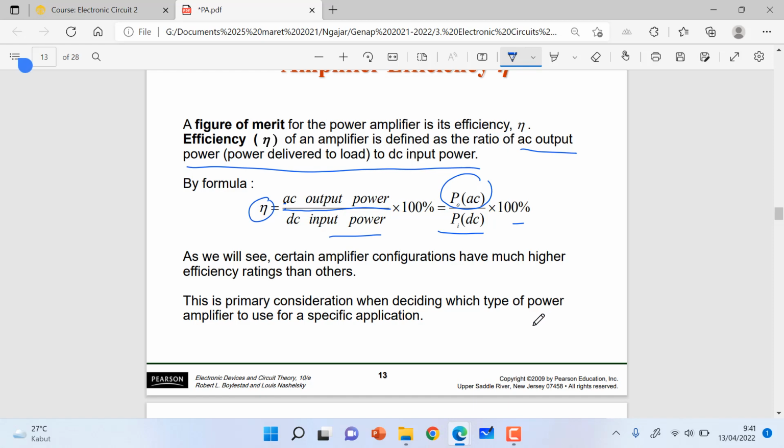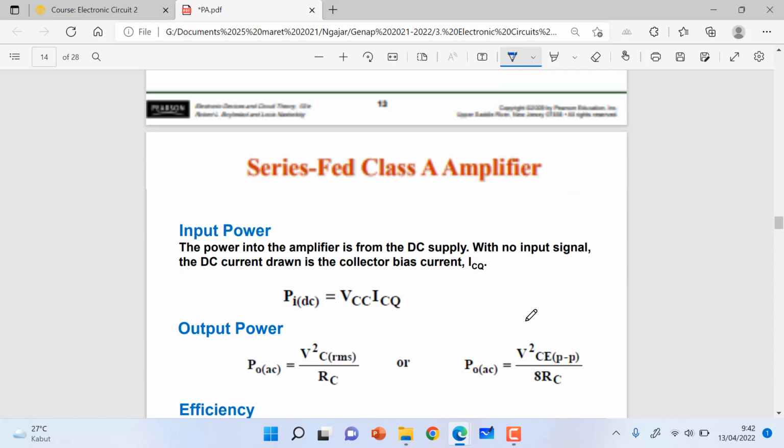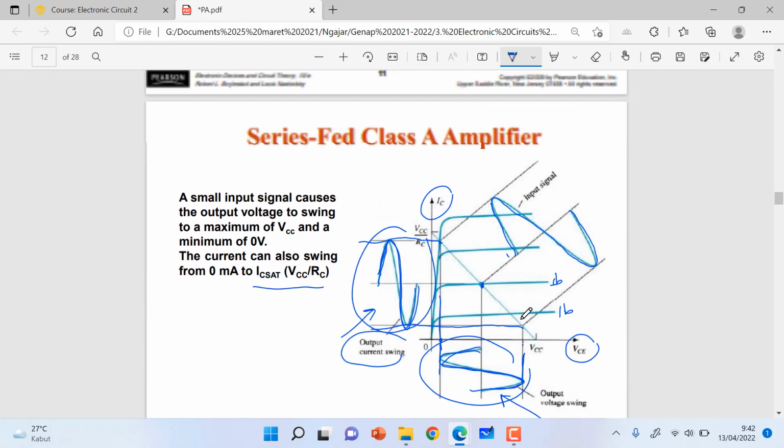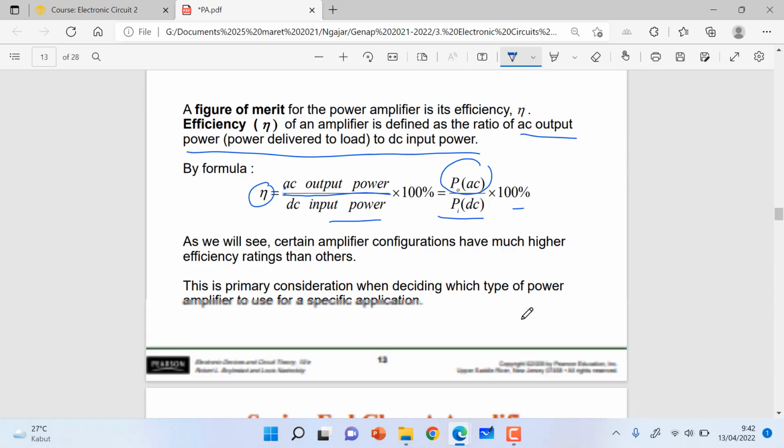So it's important for us to consider and decide what type of power amplifier to use for specific applications. Okay, and this is the example of the series-fed class A amplifier.